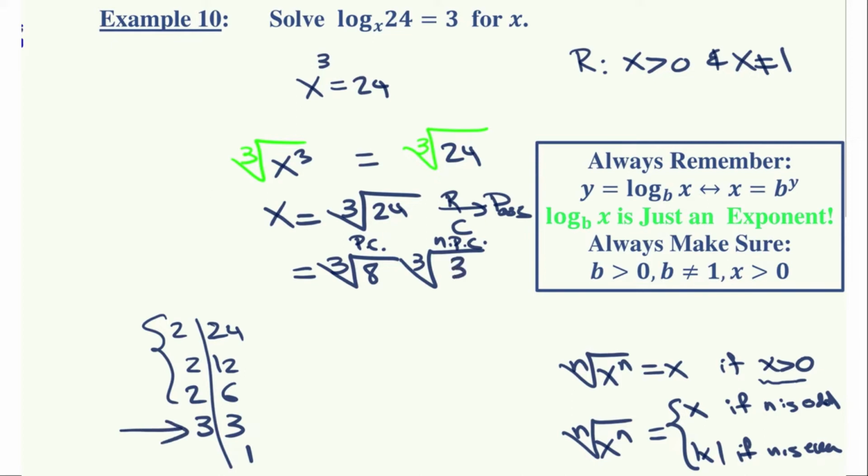So we put 3 in here, and we end up with 2 times the cube root of 3 as the value of x. So that's the simplified version of the answer. That's what we get when we try to solve this equation for x. Make sure that you can handle that, and then we'll proceed.